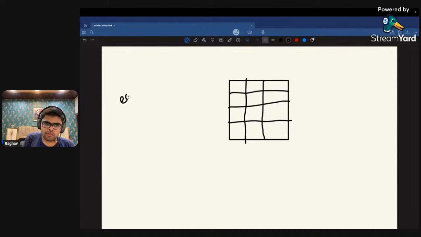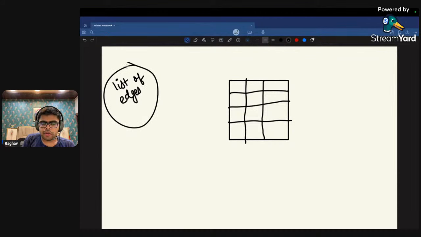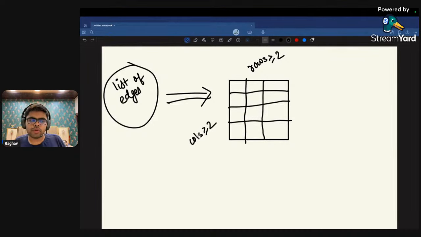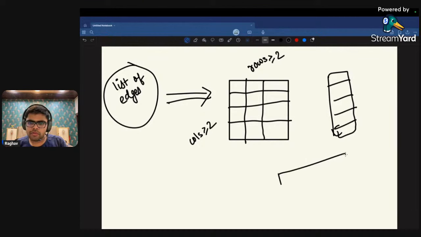We don't know how we will create this grid, but we know one thing for sure, that there will definitely be a grid at the end of the day. Either it can have the number of rows greater than or equal to 2 and the columns as well greater than or equal to 2, or there might be one column and multiple rows, or there might be one row and multiple columns, right? These are the only three possibilities for the answer.